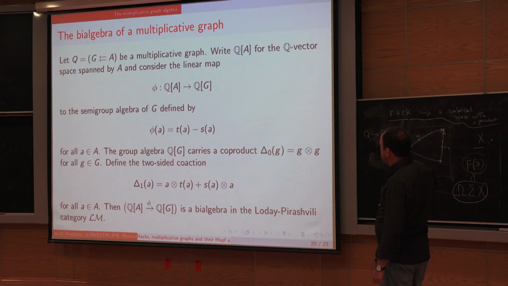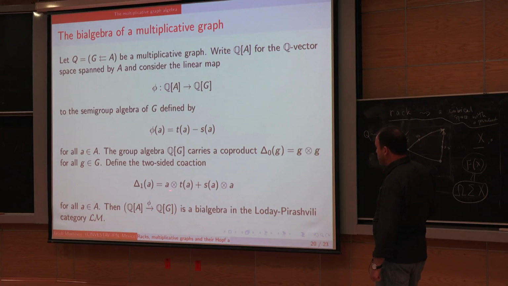So we have the vector space spanned by the arrows, the vector space spanned by the vertices, and the map from here to here is just the boundary map. It's the end minus the beginning. And this way, we can define a coproduct.